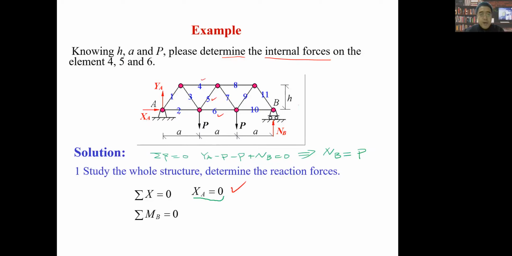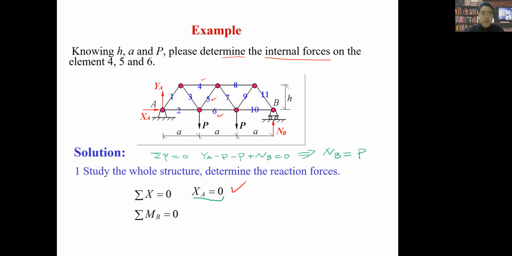So let's try to write this equation by ourselves before the slide shows the answer, right? If we select B as the point for this equation, we can consider all the forces from the leftmost to the right. You can find that the action line of XA will go through this point B, so it will have 0 moment about this point.